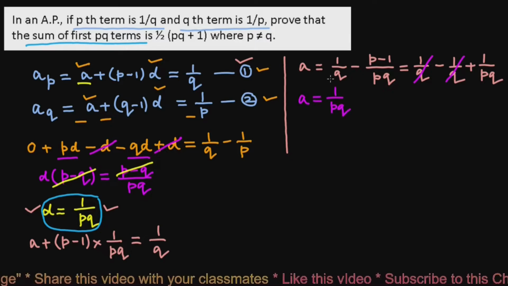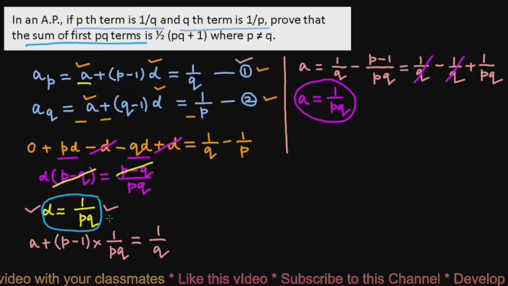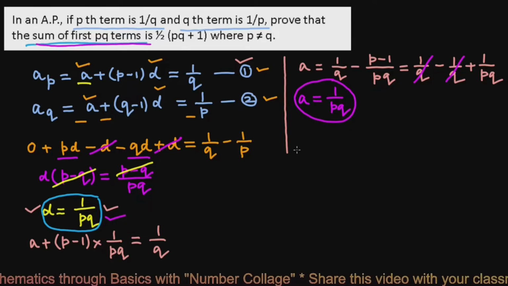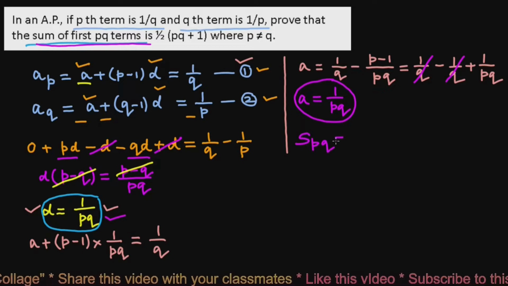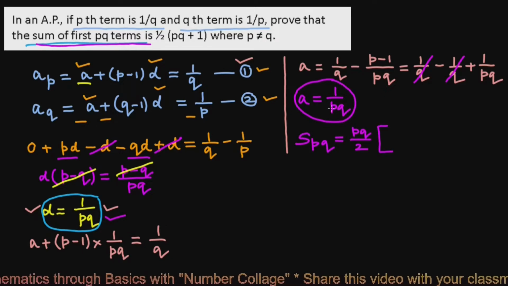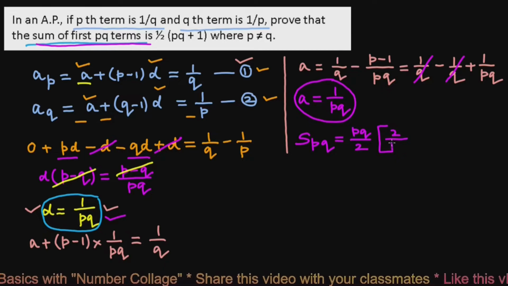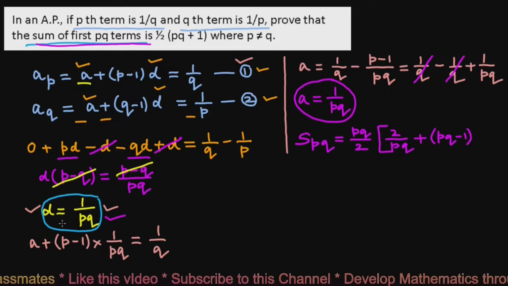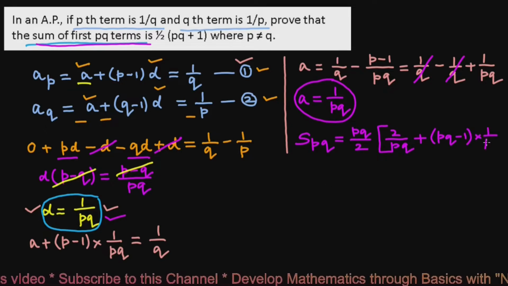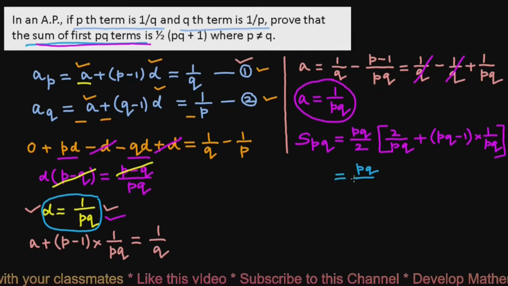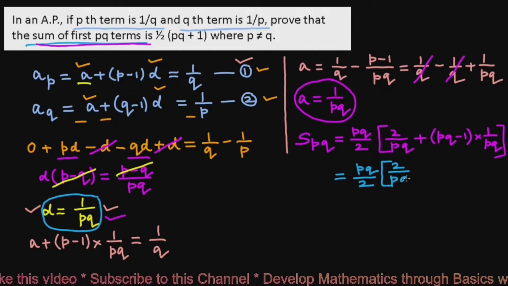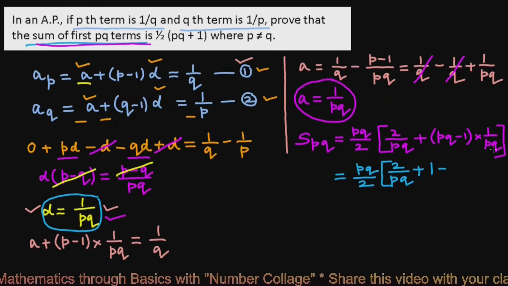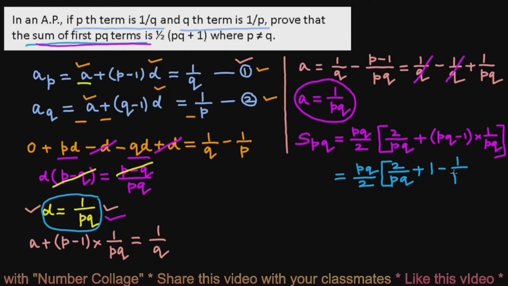Now with the help of A equals 1 upon PQ and D equals 1 upon PQ, we write the sum of first PQ terms as S_PQ equals PQ upon 2 into (2A, that is 2 upon PQ, plus (PQ minus 1) into D, where D is 1 upon PQ). Now this will be PQ upon 2 into (2 upon PQ plus PQ into 1 upon PQ, which is 1, minus 1 into 1 upon PQ, which is minus 1 upon PQ).